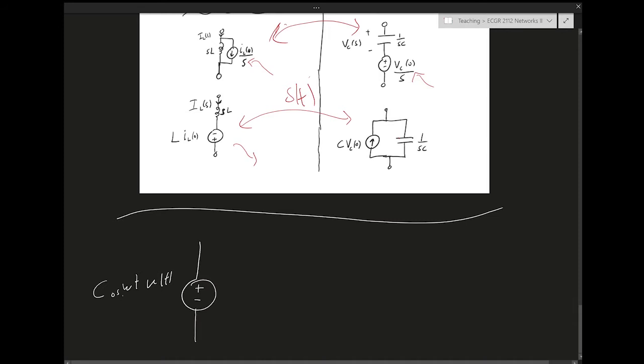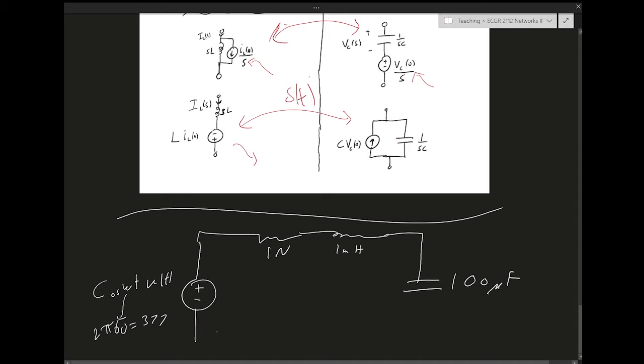Right, so in this case, omega is just 2 pi 60. This is a 60 hertz electrical system, right, which equals 377. We have a resistor, 1 ohms, an inductor, 1 millihenries, and a capacitor, 100 microfarad.